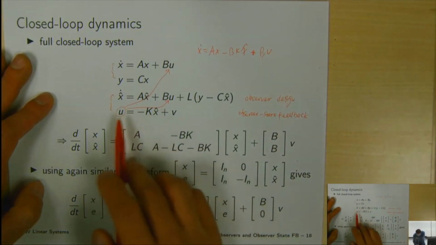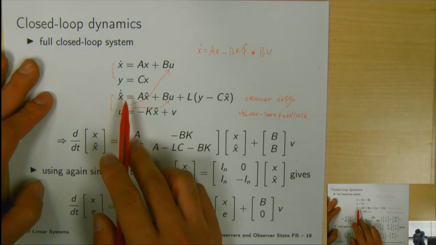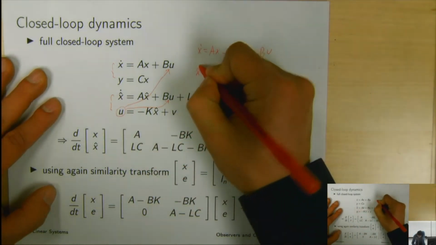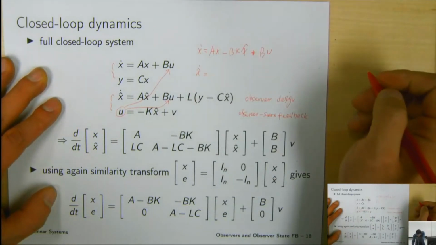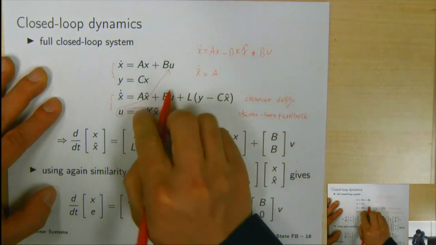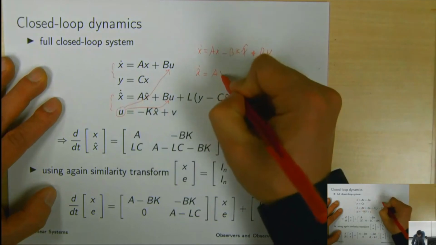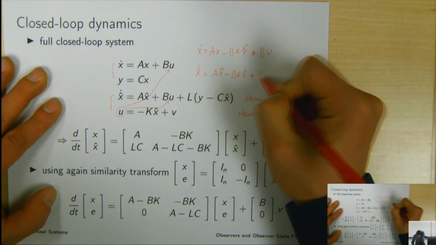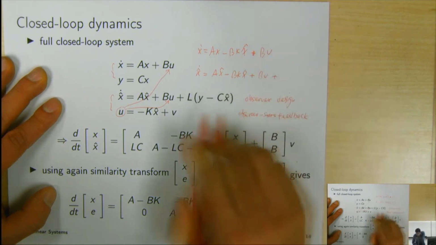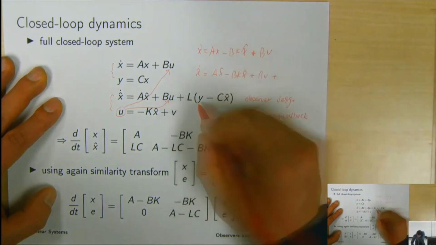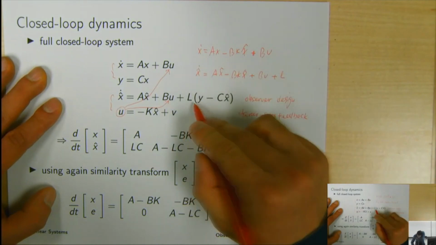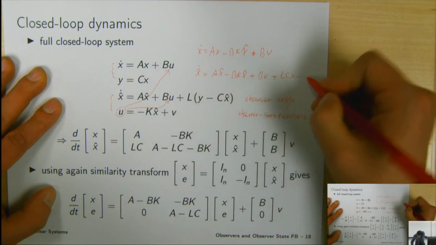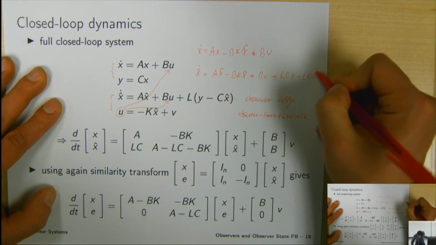And for the observer, we're going to have x hat dot equal to A x hat minus BK x hat plus Bv plus L times Y, and Y is equal to Cx, so it's LCx minus LCx hat.